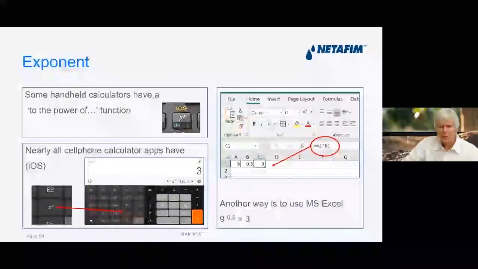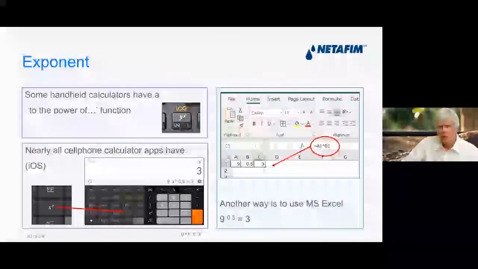Now, how to use the pressure exponent ourselves? Well, if you are old-fashioned like me and still use a handheld calculator, there's generally a little function there, which in my calculator says y to the power of x. If you have a cell phone, nearly all calculator apps have also got that function. The bottom left-hand box there, the screenshot there, they call it x to the y.